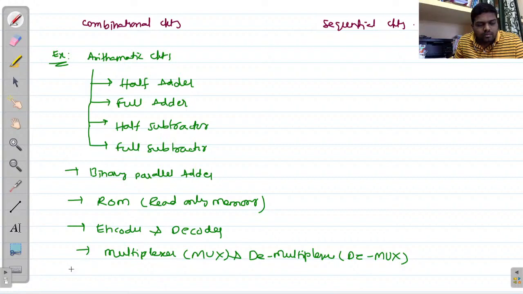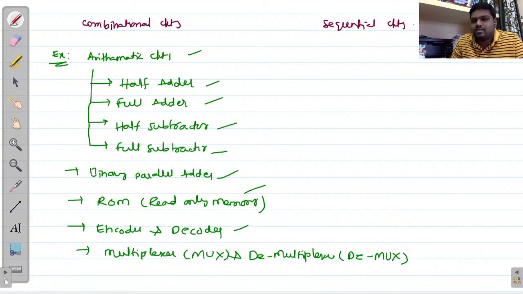So these are the half adder, full adder, half subtractor, and full subtractor. These four devices we consider as arithmetic circuits. And next are the binary parallel adder, ROM, read-only memory, encoder and decoder, multiplexer and demultiplexer. These come under combinational circuits.